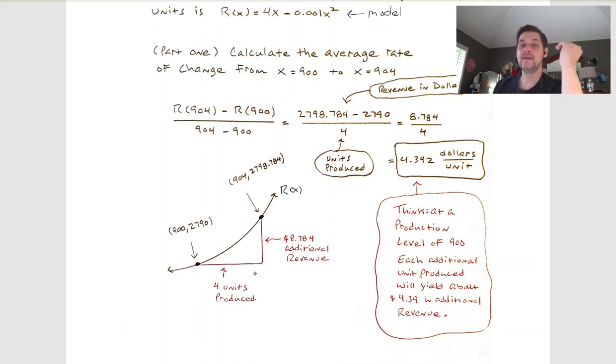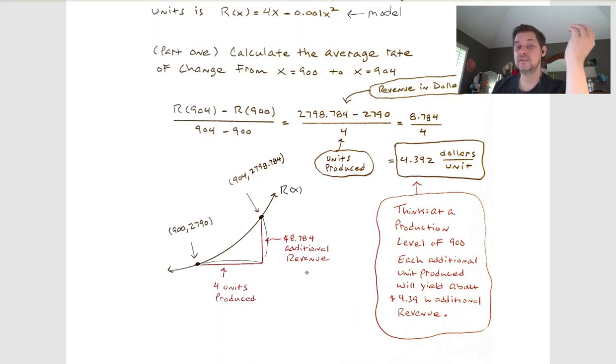All right? And that gives the meaning of marginal revenue. It says right here that from this point to this point on the revenue curve, if we have 4 additional units produced, we'll get about $8.78 of additional revenue.